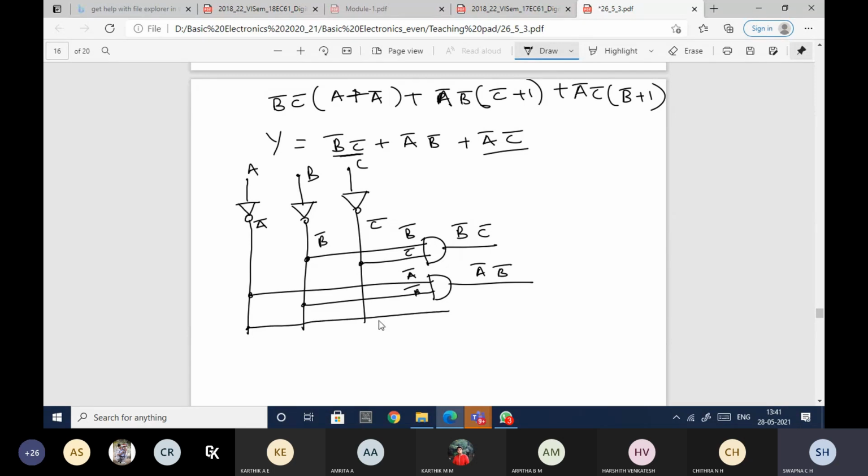The output of this AND gate will be A bar C bar. Now I need to have OR operation between all the three terms, so I'll use one OR gate. So my output will be B bar C bar plus A bar B bar plus A bar C bar.